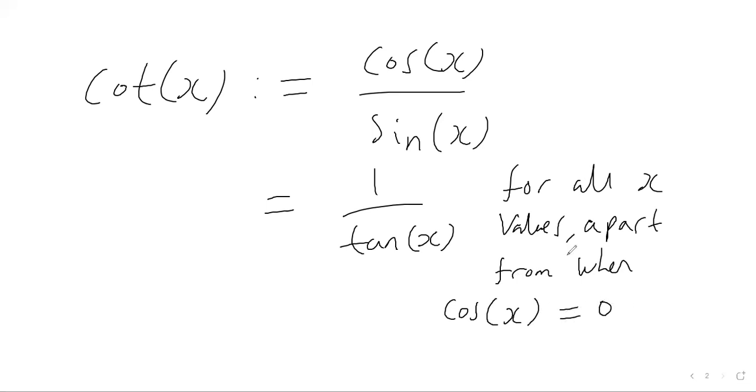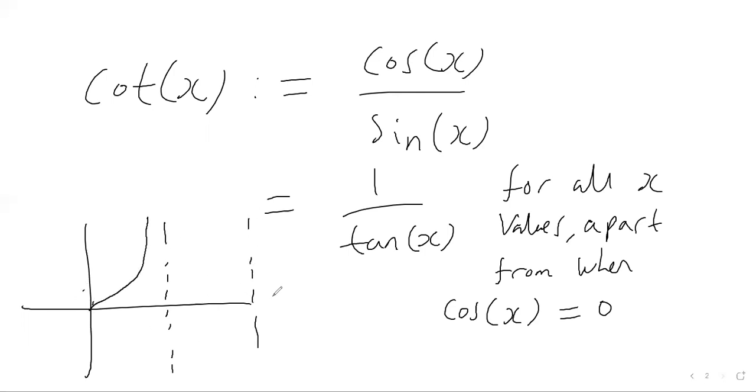So why is that the case? Well, if we just draw a sketch of the tan function, the tan function has asymptotes at pi over 2, 3 pi over 2, and so on and so on. So what happens then?